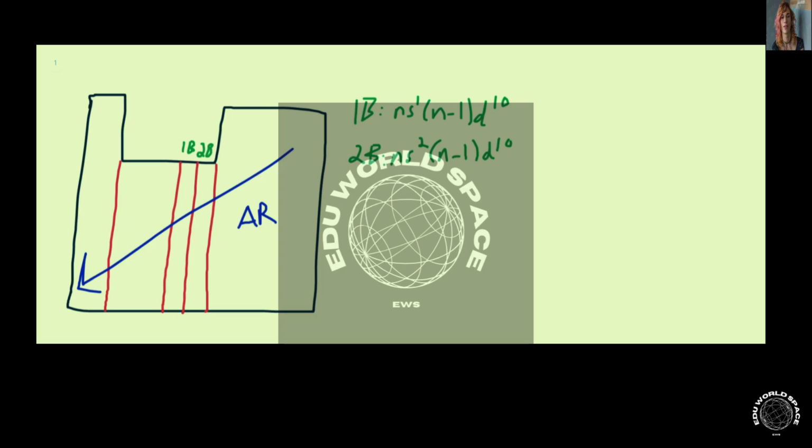Think about it this way: the radius of your electron cloud is going to increase as your atomic radius is increasing, so your electrons are not going to be as concentrated. That's going to mitigate the electron repulsion.